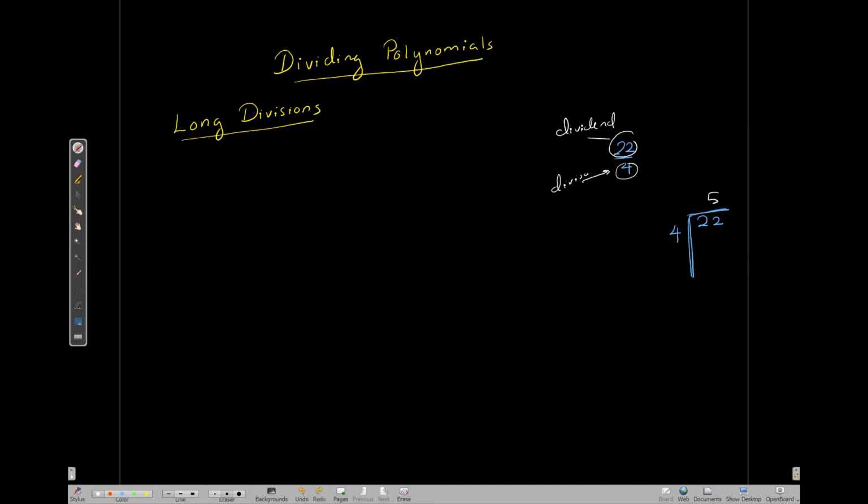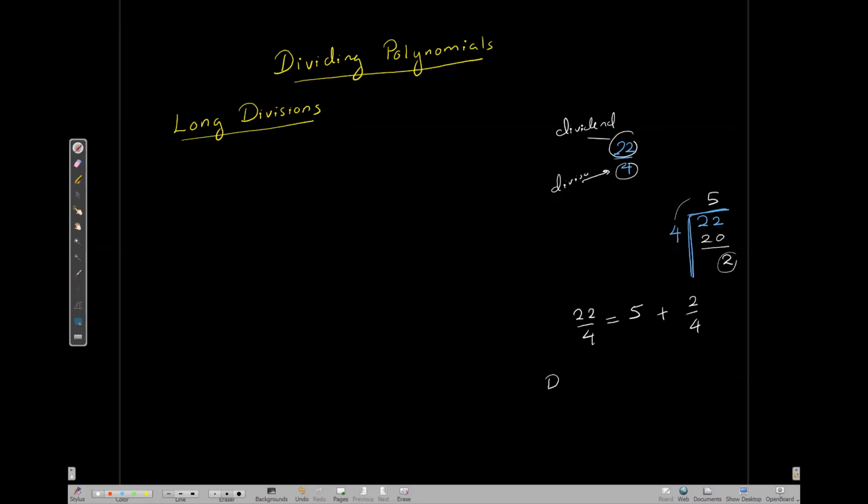So 5. Then we multiply 4 and 5, 20. Then we subtract these numbers, we get 2. Then we express 22 over 4 as 5 plus 2 over 4, right?